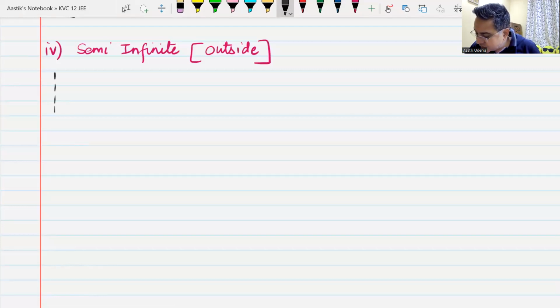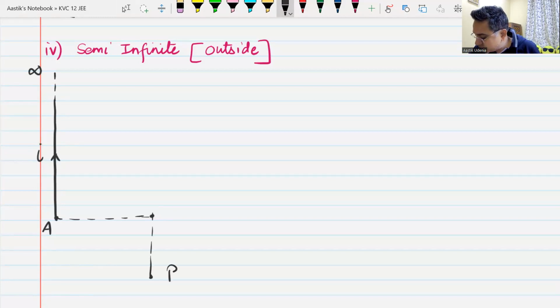We have a wire which extends to infinity. It starts from this point A and goes to infinity. The current is I, but the point is not here. The point is here, point P. The distance will always be given by R.